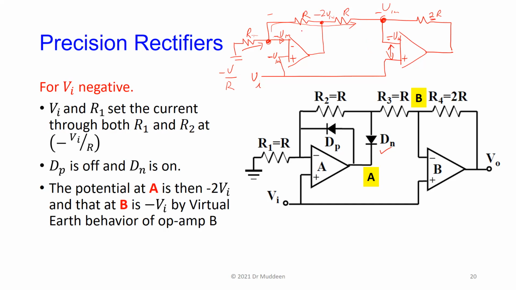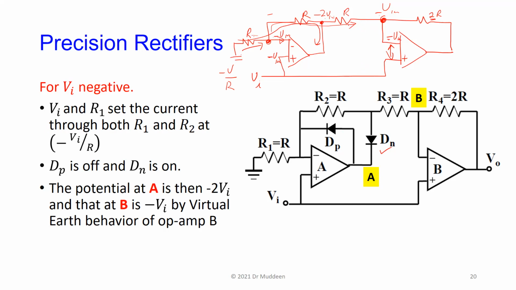at this point in time, trying to describe it with current flow is a little bit odd, but let me see how best I can do that. The current here is more positive than this point. So the current is doing this, right, for the op amp. At this point now, we have minus 2V in and we have minus V in here.